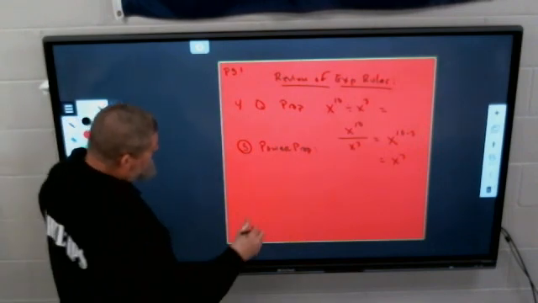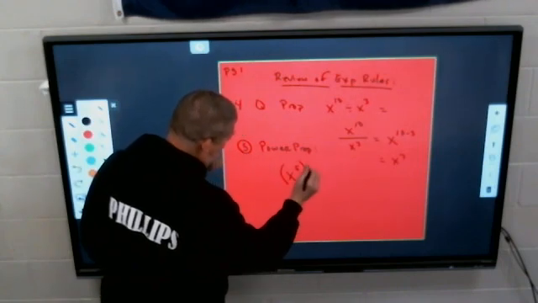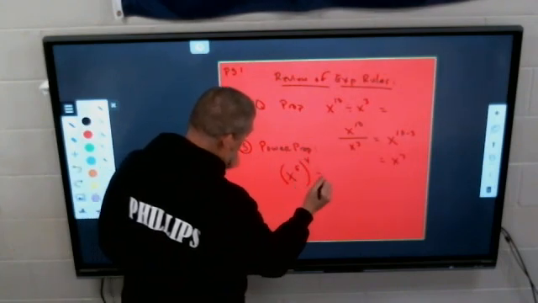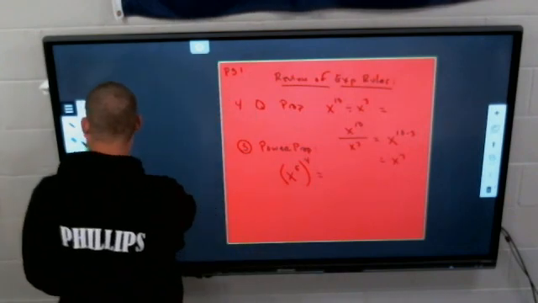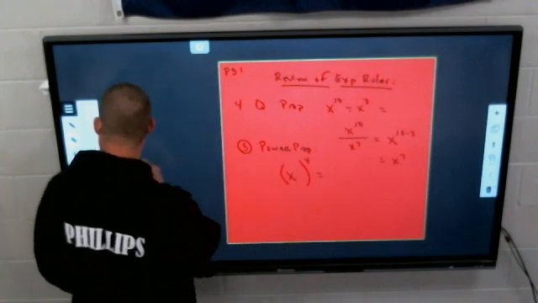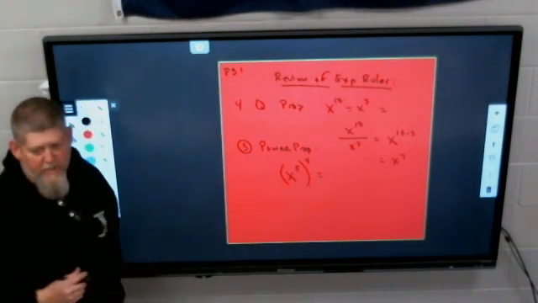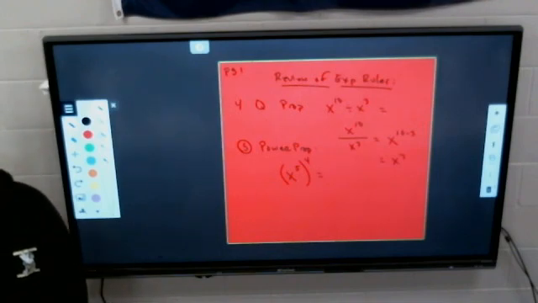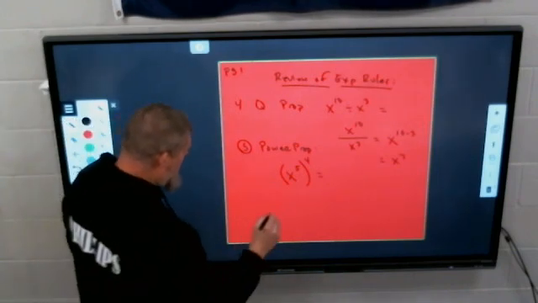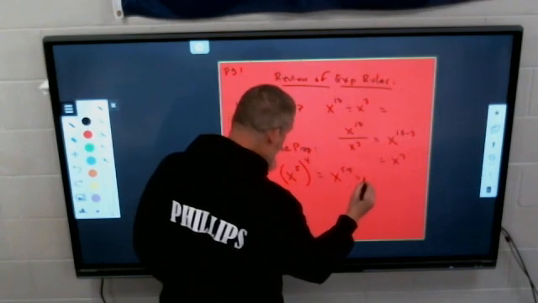So something like x to the 5th to the 4th power. So what do I do with those exponents? Well, that's going to be x to the 5 times 4, which gives me x to the 20th.